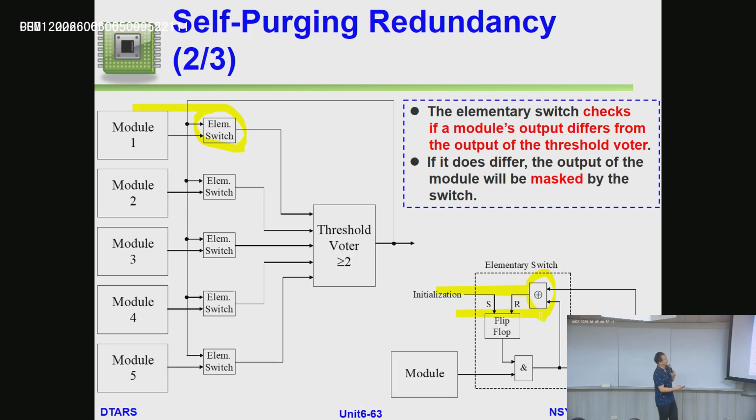So you can see that even if 3 modules are faulty, as long as the other 2 modules are still good, these 2 can contribute correct results. And we can use this correct result to switch off these 3 modules. Because for this threshold voter this number is 2, this number determines how many modules you can tolerate being faulty.